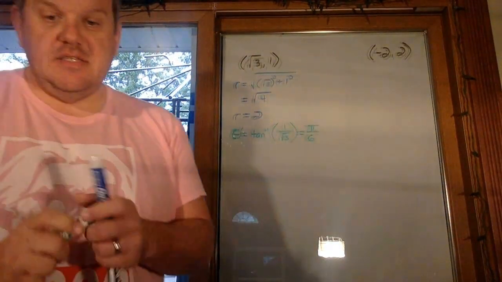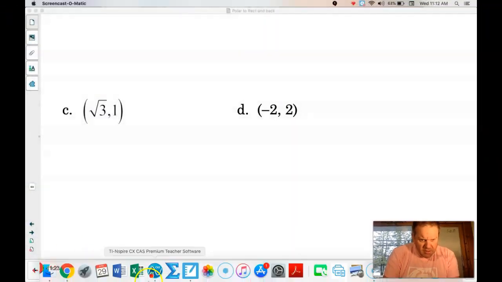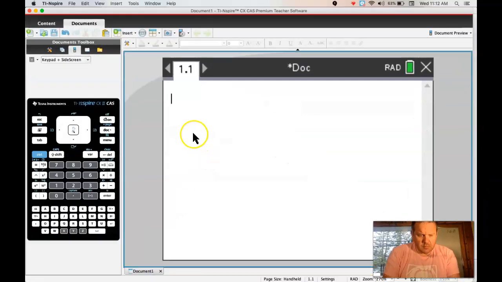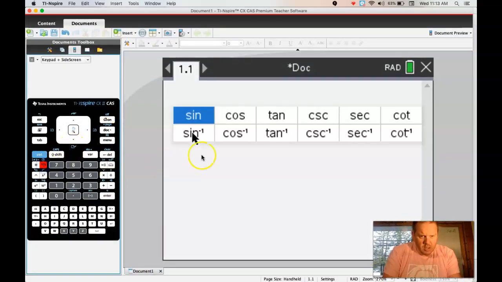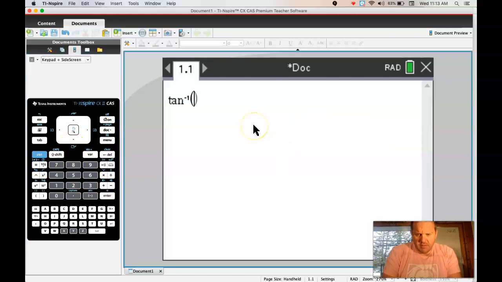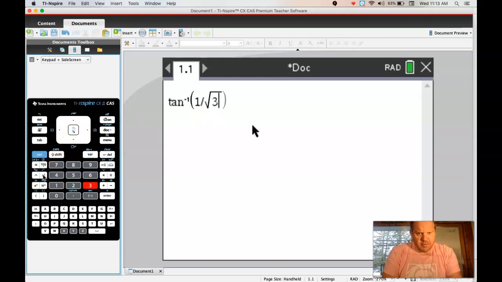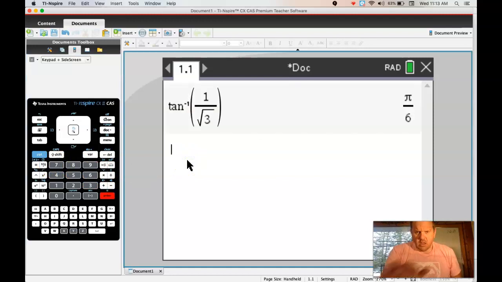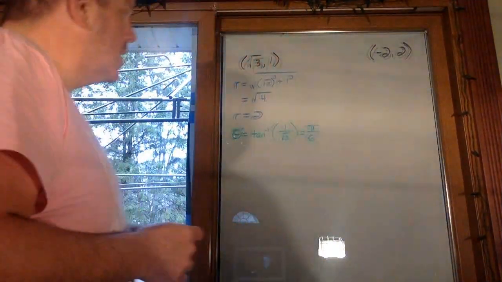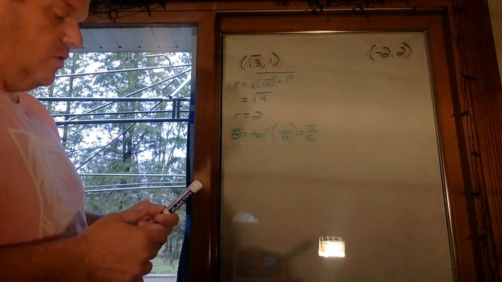If I didn't want that, we could also go with inverse tangent of 1 divided by the square root of 3, and that gives me pi over 6 that way. Or on your calculator, it would also give you probably 30 degrees if your calculator is in degrees, not radians. Okay? So that gives me pi over 6 or 30 degrees.